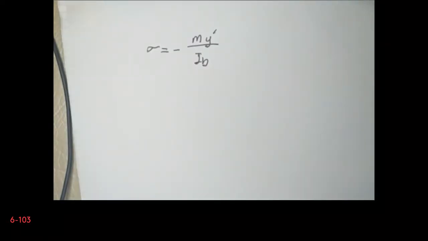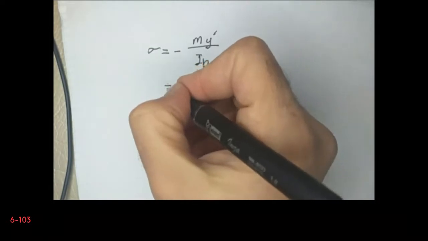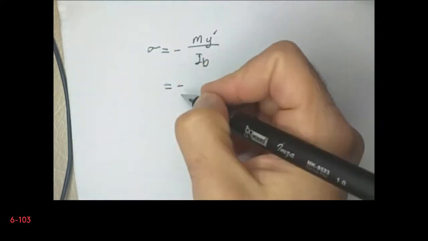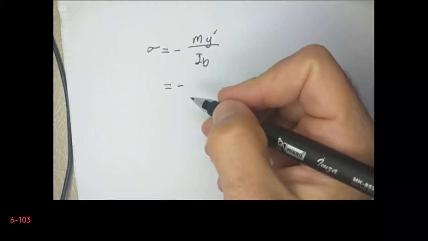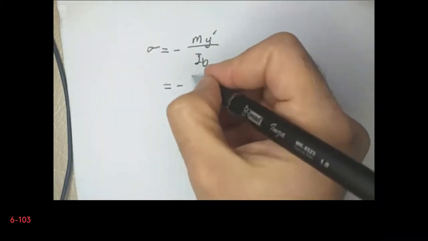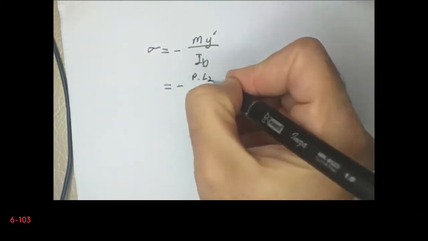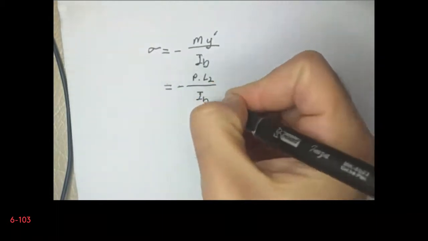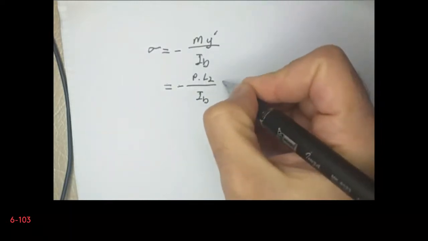It is the distance to the centroid. Now we will substitute the value for the moment. So moment is equal to minus P multiplied by L2. So this is minus P L2 divided by I bending multiplied by Y prime.